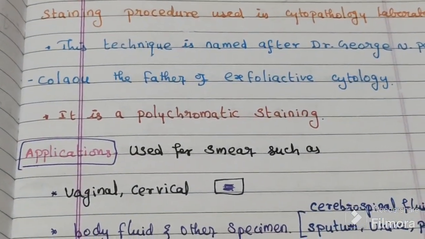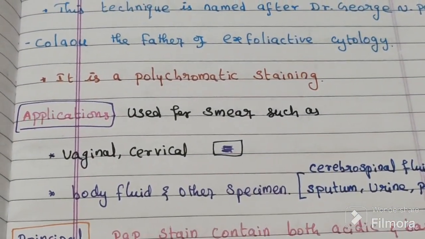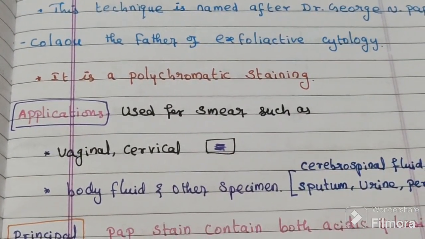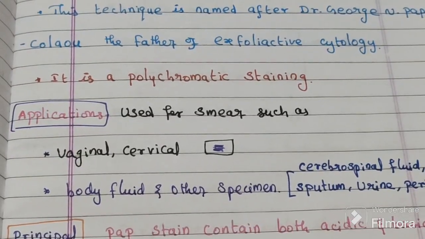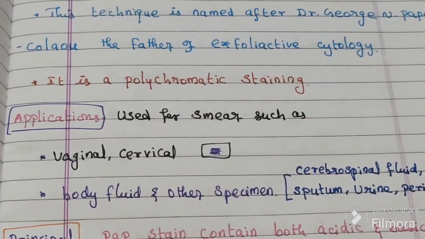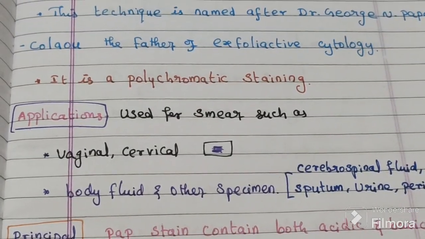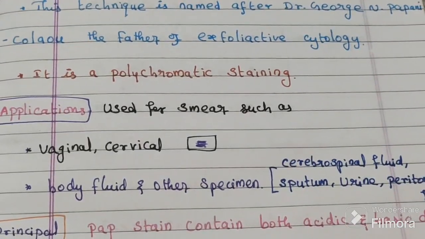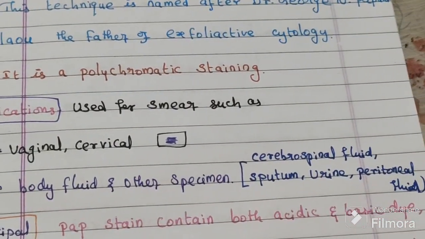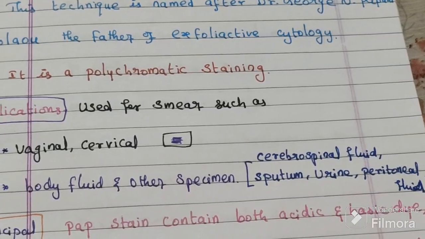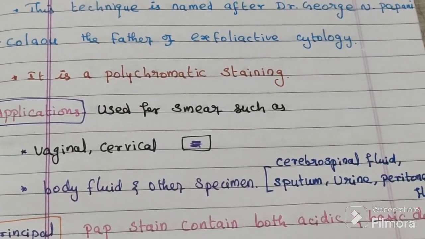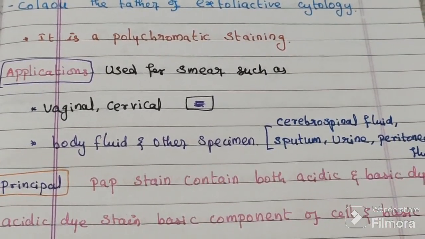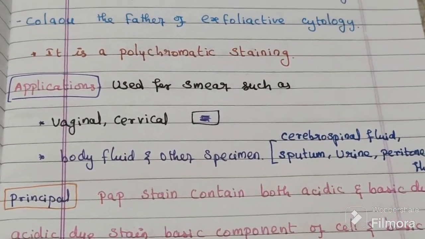This PAP staining is mainly used for detection of both gynecological and non-gynecological specimens. For example, the female genital tract, vaginal and cervical, and non-gynecological specimens like sputum, CSF, body fluids like cerebrospinal fluid, peritoneal fluid, and other specimens like sputum and urine. This is a reliable technique in cervical cancer screening in gynecology.